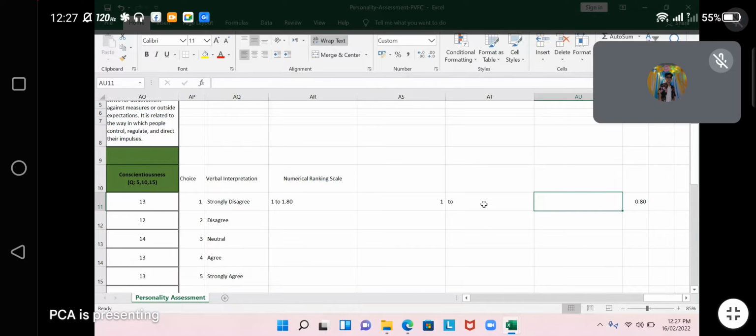Why is it 0.8? Because of this computation: out of 5 choices, you're choosing 1 and then divided by 5 choices. It's 0.8. So therefore, you just add 1, because you started with 1, and then the end of the scale is 0.8. So this one is 0.8.